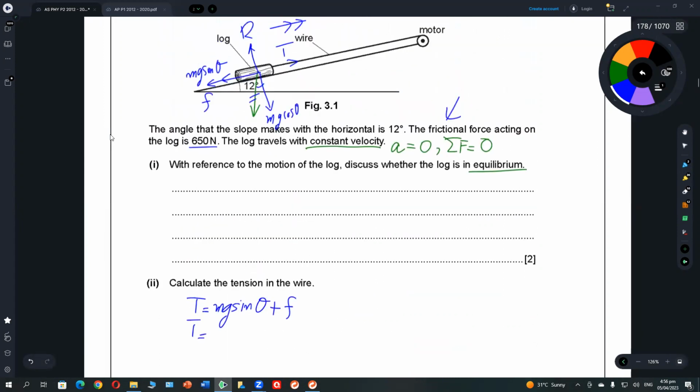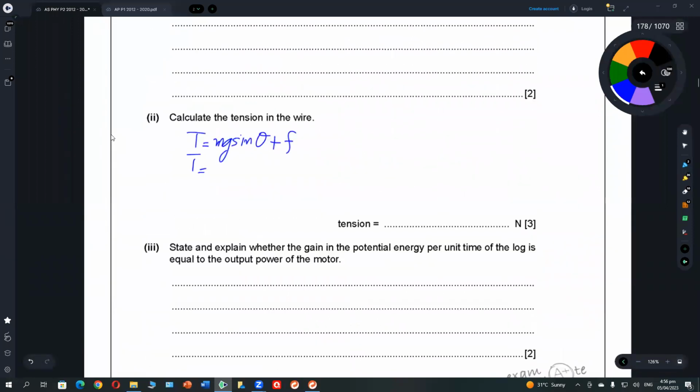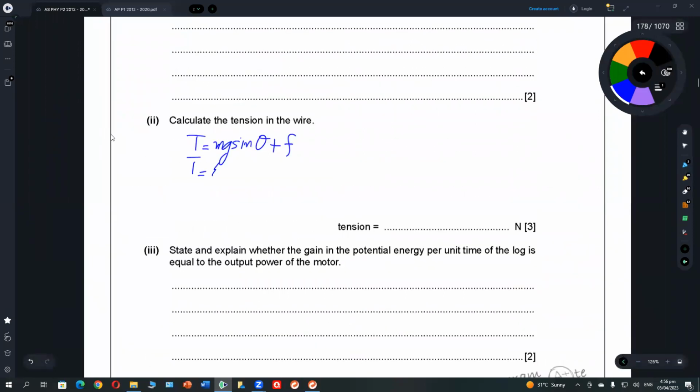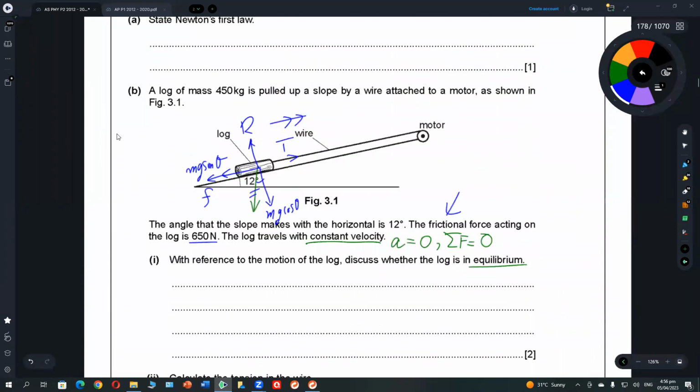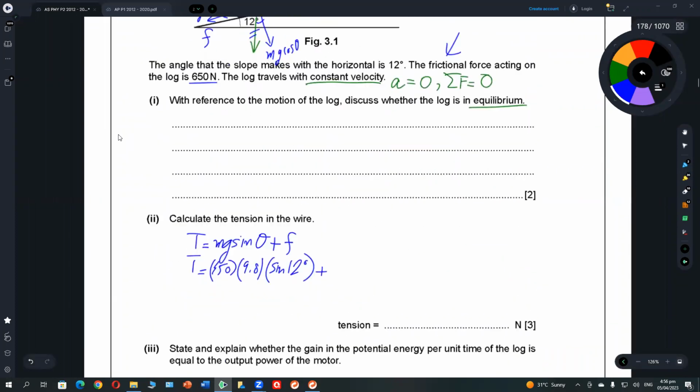So the equation is there. Mass is 450. Friction is 650.